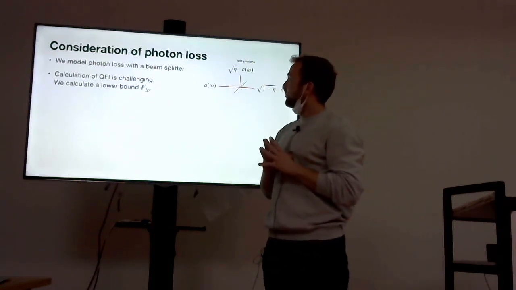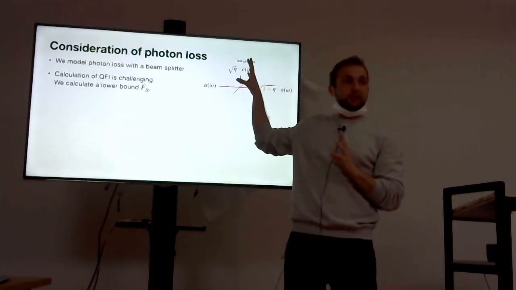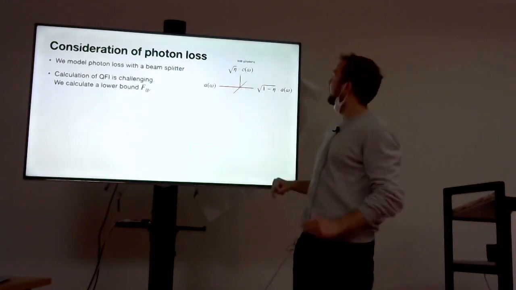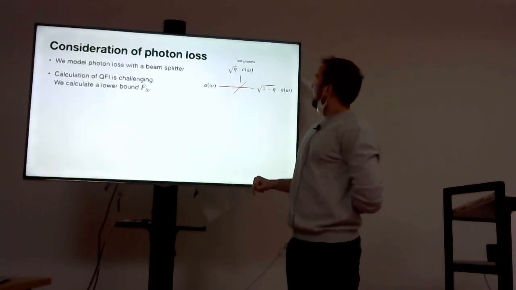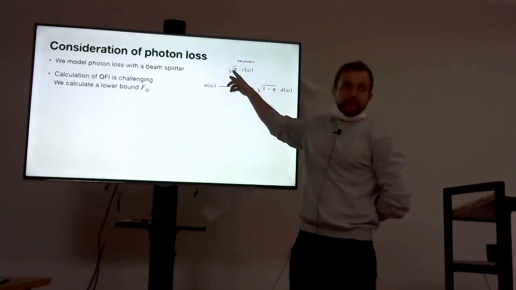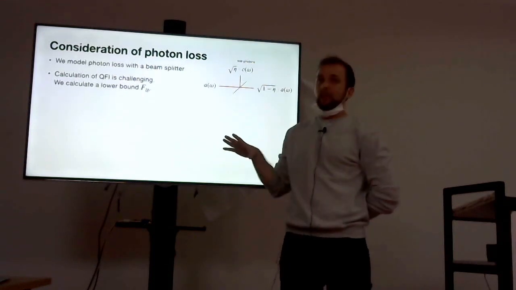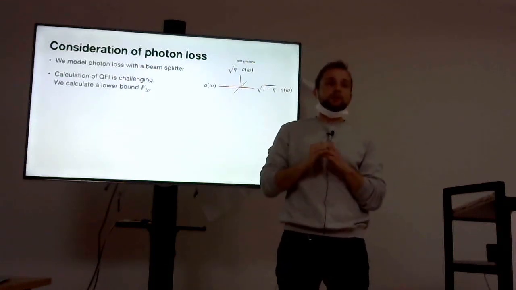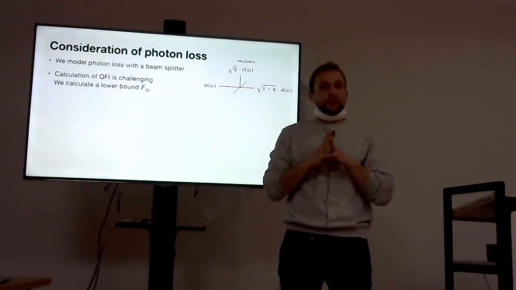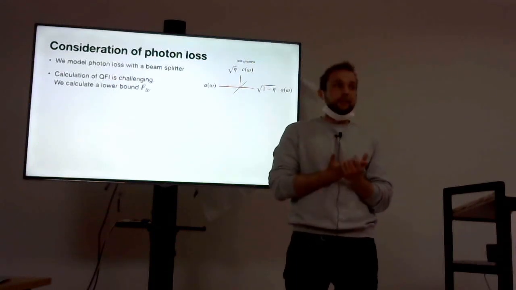But yeah, so what did we do? We modeled the photon loss just as a beam splitter, where the probability of losing a photon is just this eta. And then we calculated a lower bound for the Fisher information, one that is easy to calculate.